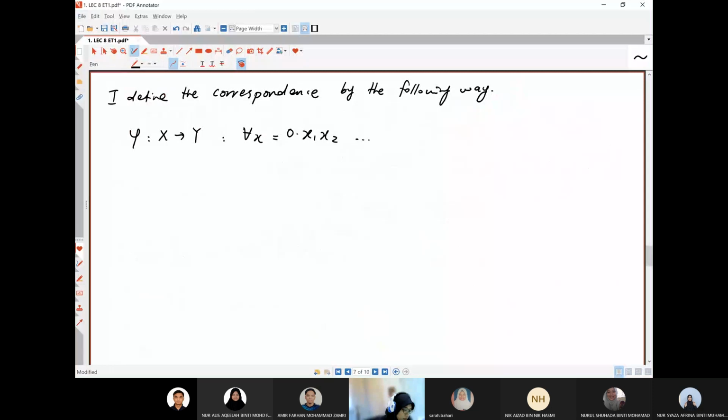The image of this x, we just cancel the first digit, right? Because for dyadic, it is 2x mod 1. So if this is multiplied by 2, it becomes 0.x2, x3, and so on. This is the image of x.